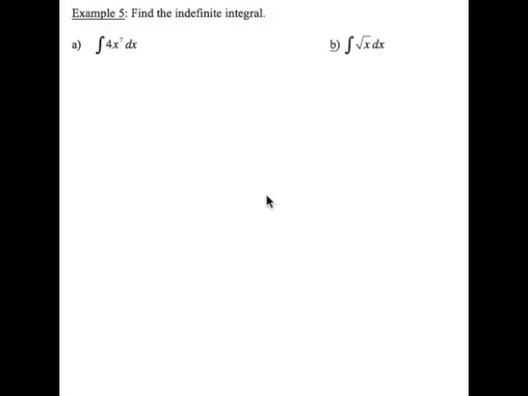And let's try a little bit of practice before we move on here. In part A, we can use the constant rule to bring that 4 in front. And really what we have to worry about then is the integral of x to the 7 with respect to x. So using the 5th rule on the page, we know that that's going to be 1 over 8 times x to the 8.